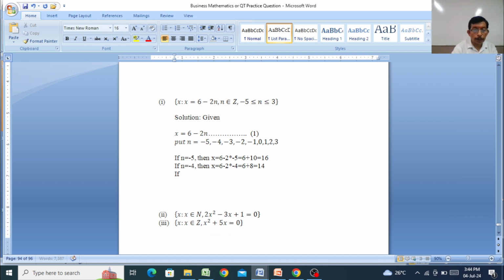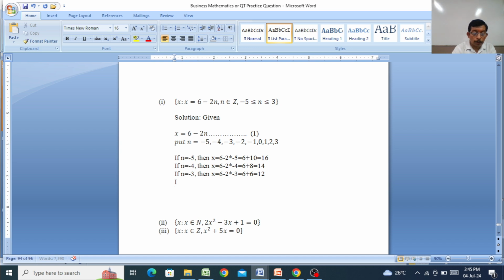If n is equal to -3, then x is equal to 6 minus 2 into -3 is equal to 6 plus 6, then the value is 12.